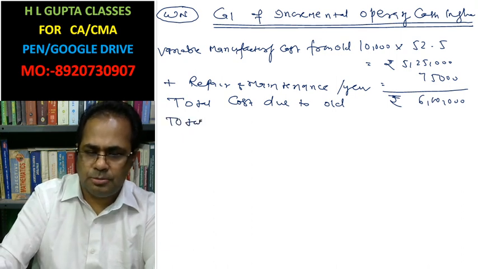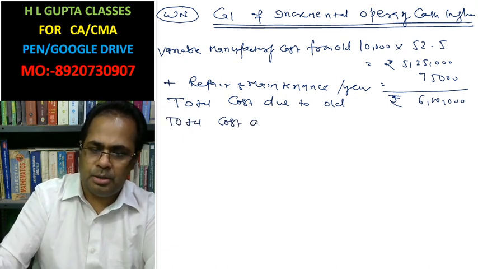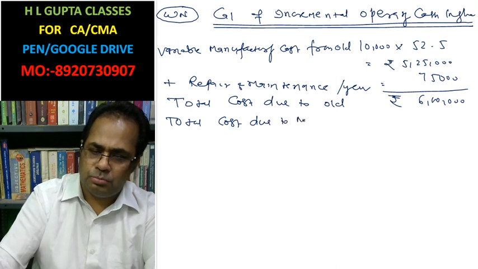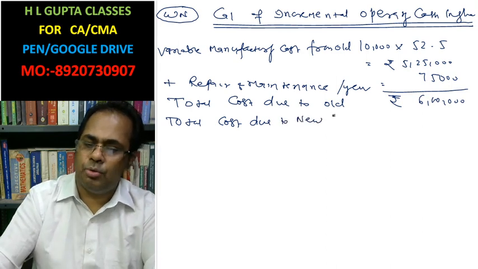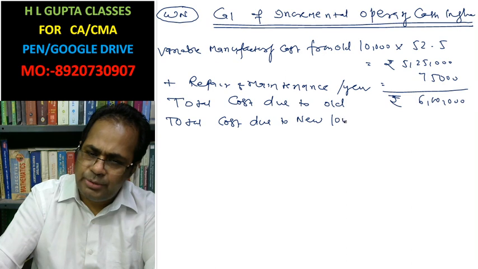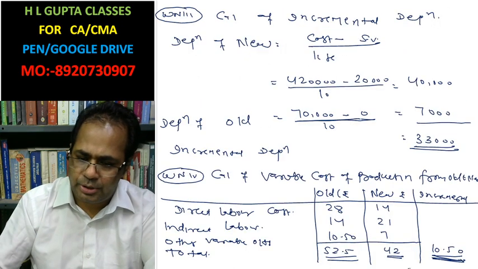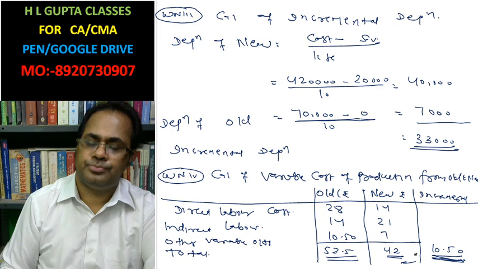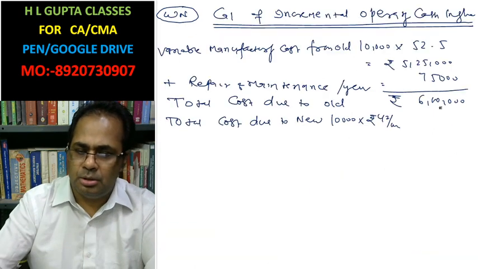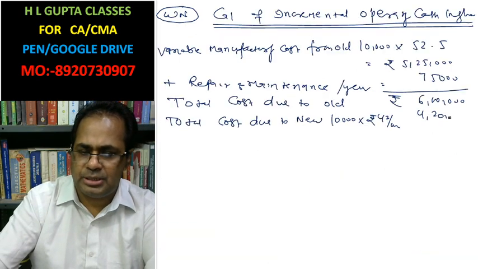Total cost due to new: 10,000 units you are going to produce at the rate of rupees 42 per unit, already calculated. That is 4,20,000.